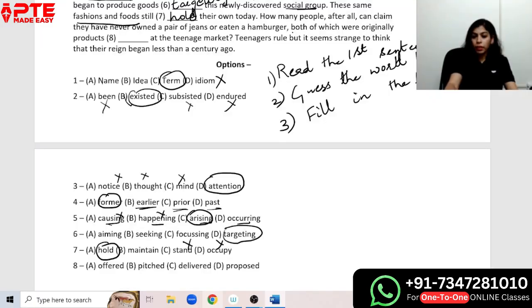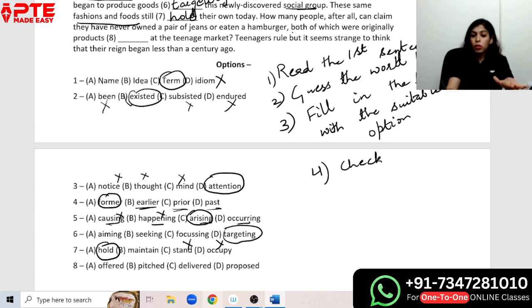Then, after guessing the word form, fill in the blank with the suitable option. We need to see which is the suitable option. After filling in the blank with the suitable option, we check the meaning, whether the meaning is making sense or is coherent or not.